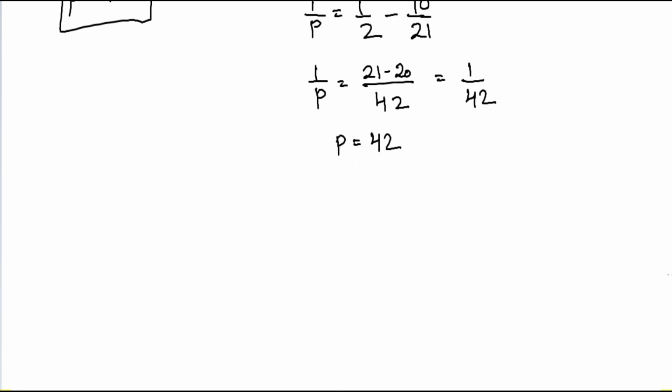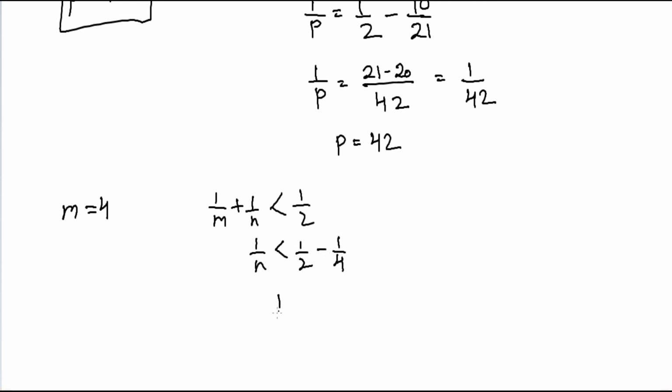And let's do something like m, we will take it as 4. If we take m as 4, so what will be the n? 1 by n should be lesser than 1 by 2 minus 1 by 4, right?